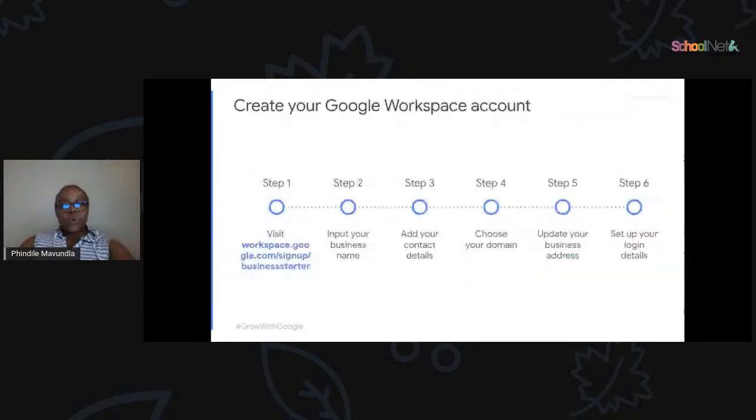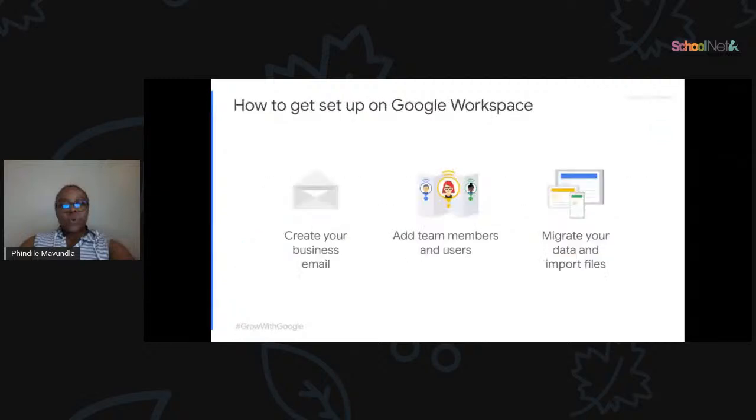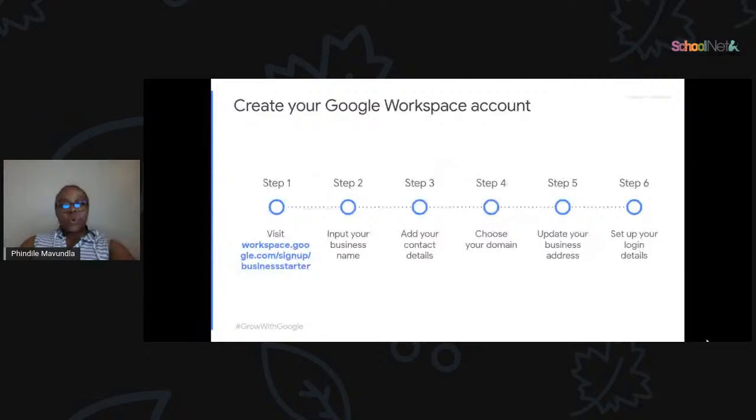Okay, to create your Google Workspace account, we are going to follow the 6 steps that are there, and we're going to go through each one of the steps now.